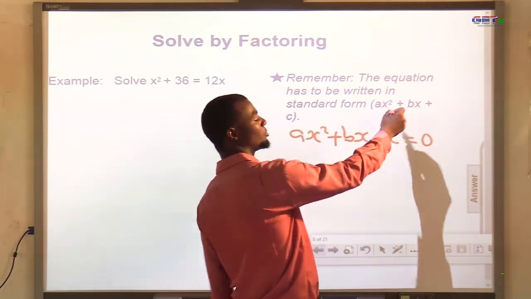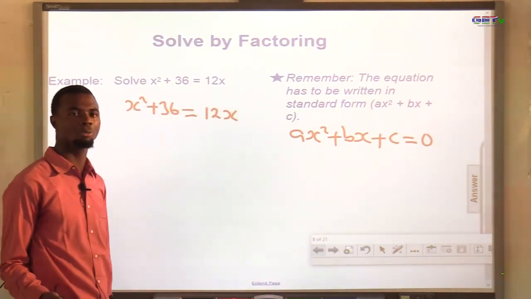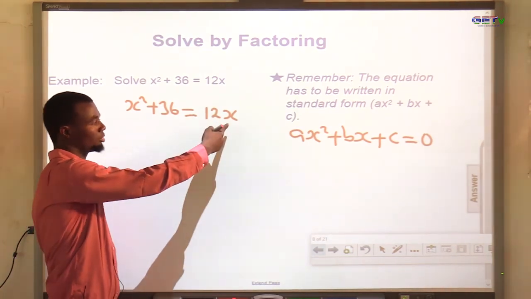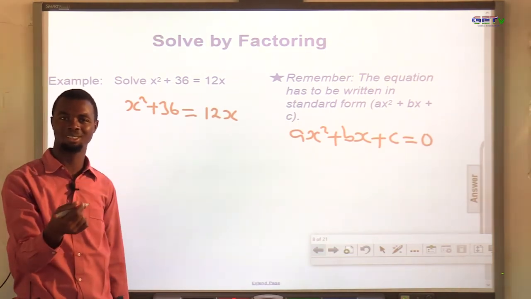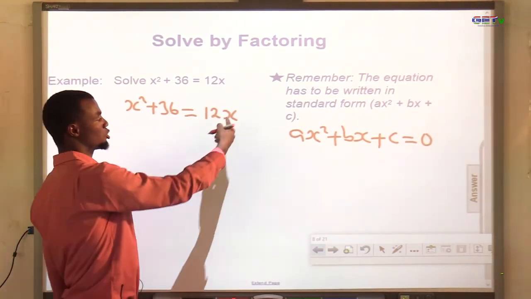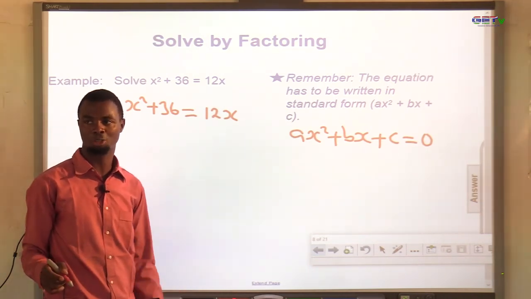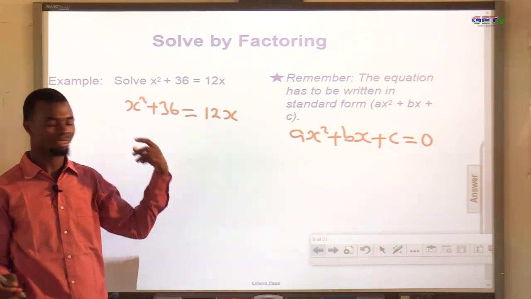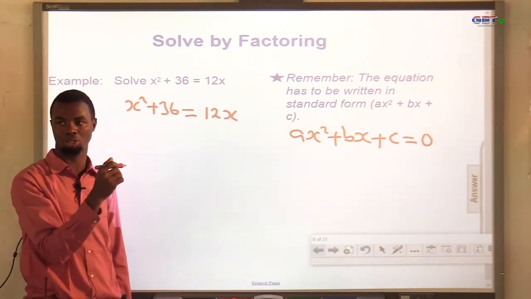This one is just in the form of an expression, and we have to write it in this form before we'll be able to factorize it. How do we write it in this form? We have to make sure this part is 0 here. And how do we make that 0? By subtracting 12x from it, it becomes 0. So if that happens, you have to do the same thing at the other side of the equals sign. So you will have minus 12x here, and here also you have minus 12x.